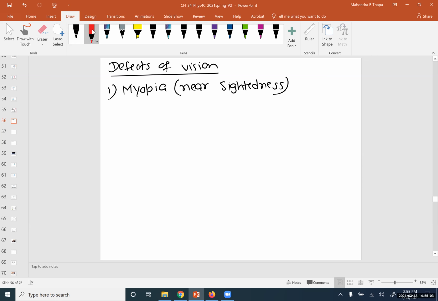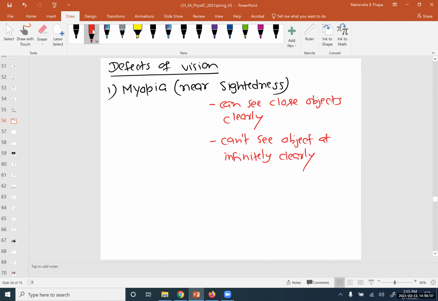This means the person who has this kind of defect can see close objects clearly, but cannot see objects at infinity clearly.